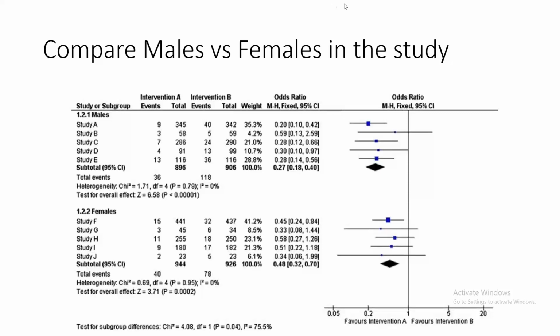Now, what is happening over here, let me explain to you. This is the consolidated effect size of all the papers which had male respondents. This is the consolidated effect size of all the papers which had female participants. After dividing into subgroups, what should I be seeing? I should be seeing my I square.